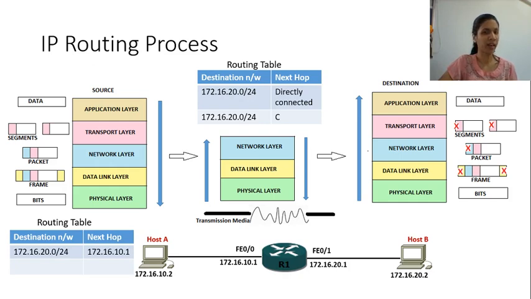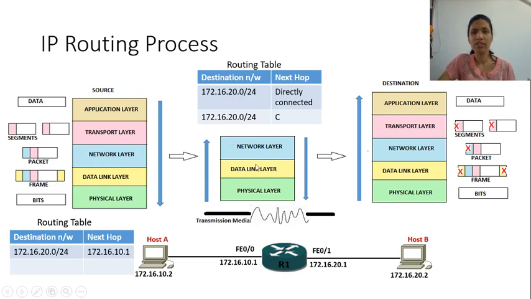The data link layer header contains the MAC address, which is the MAC address of this interface itself, which is the MAC address of the router. So the router is going to understand that this frame is destined for it. The data link layer present at the router will strip off the header and trailer, remove the packet out and send the packet to the network layer.